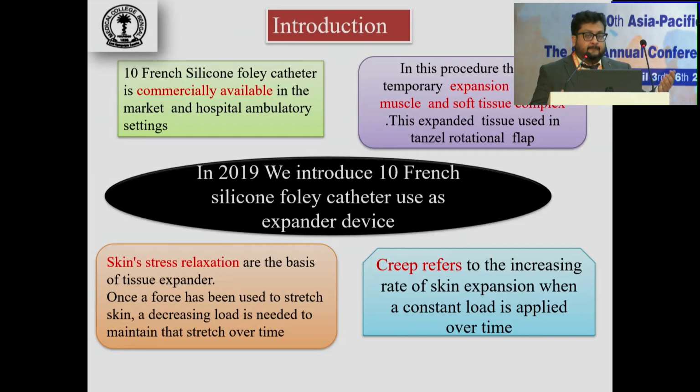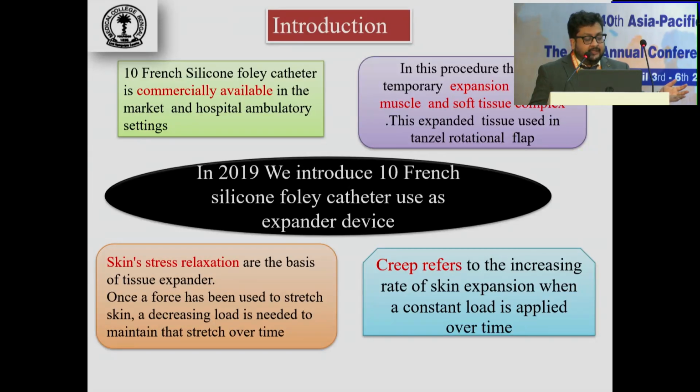The conventional tissue expanders which are available are nothing less than 120 to 150 US dollars, whereas a silicone catheter comes at a price of nothing more than 200 INR. So if we can do with the silicone catheter the same or maybe better outcome than the conventional tissue expanders, then why not?